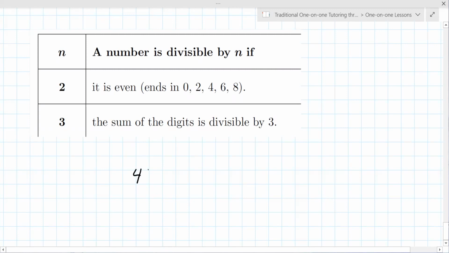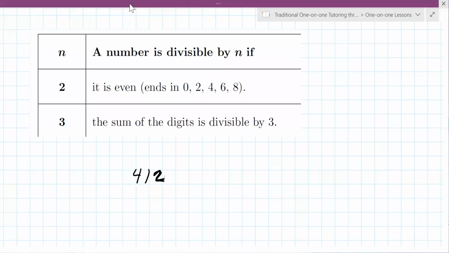So is this number divisible by 2? Yeah. Why is it divisible by 2? What is the rule for divisible by 2? Can you read this right here?